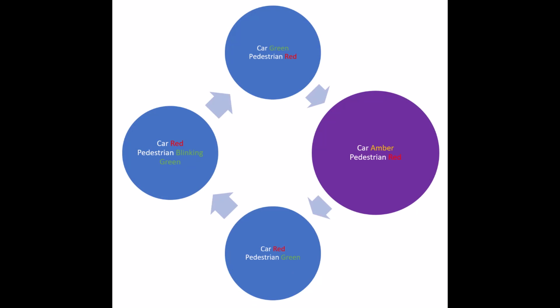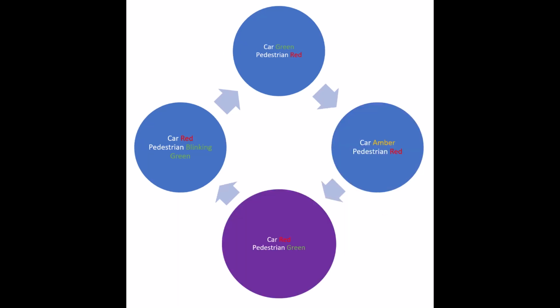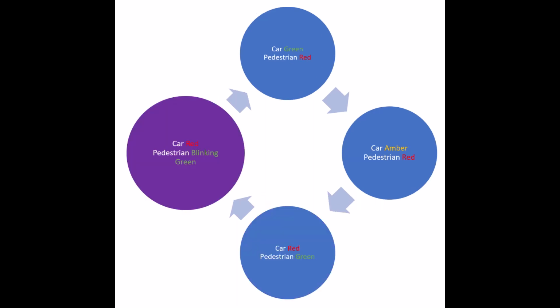Obviously, we have to give the car some time to pass through. So it would be amber light for the car. And the third state would be green light for the pedestrian and red light for the cars. And after certain seconds, we want to turn that into a blinking green for the pedestrians, giving them some time to clear the pedestrian crossing. And after that, we go back to green light for the car.